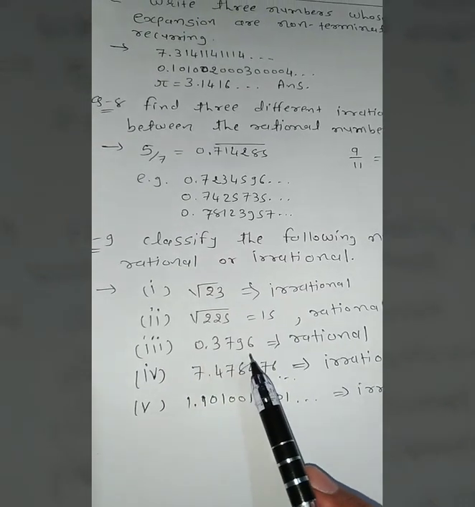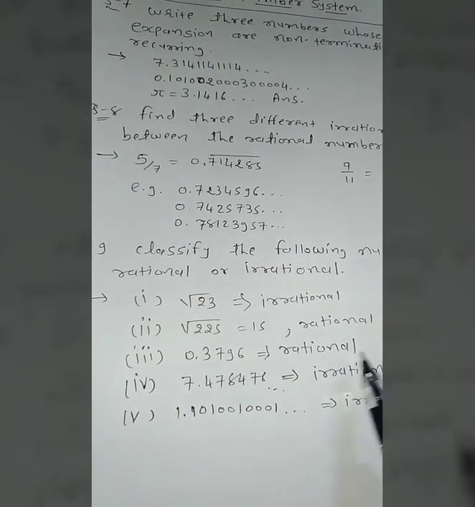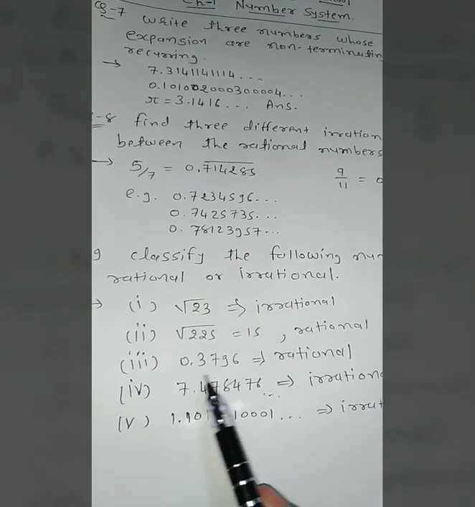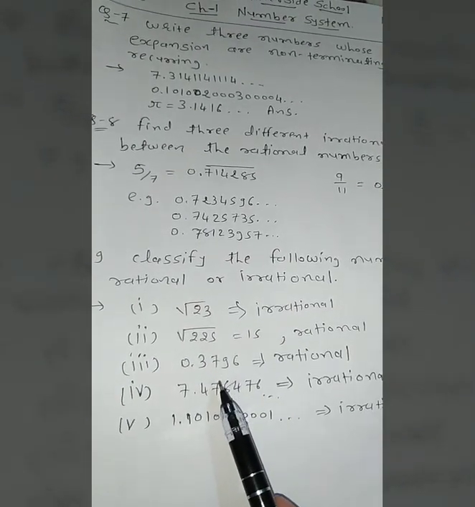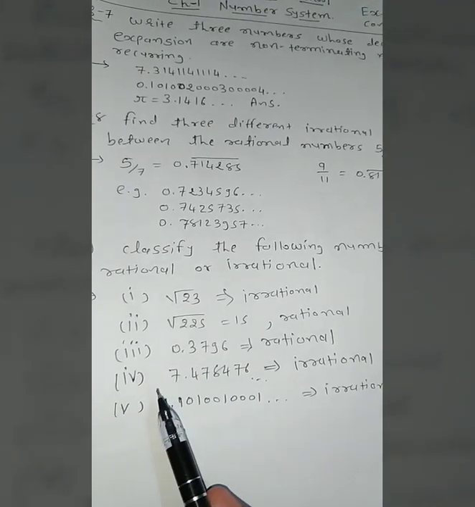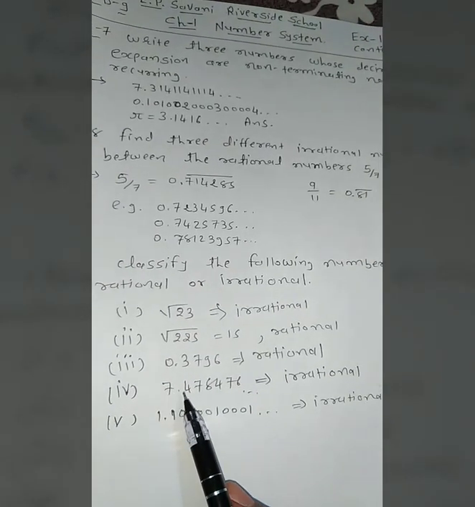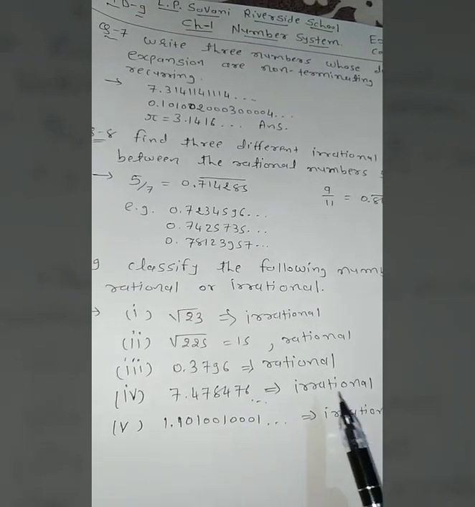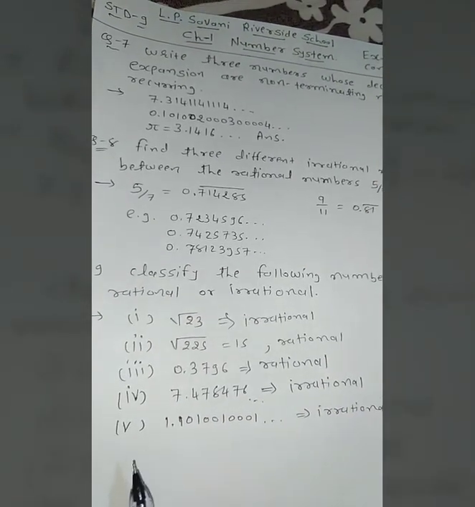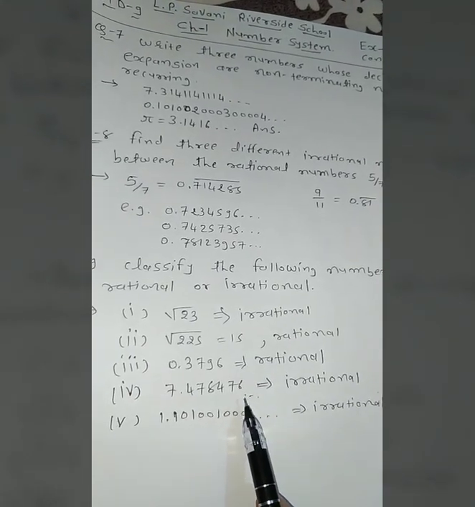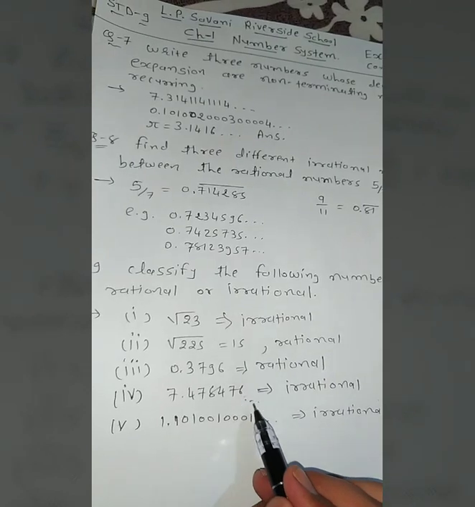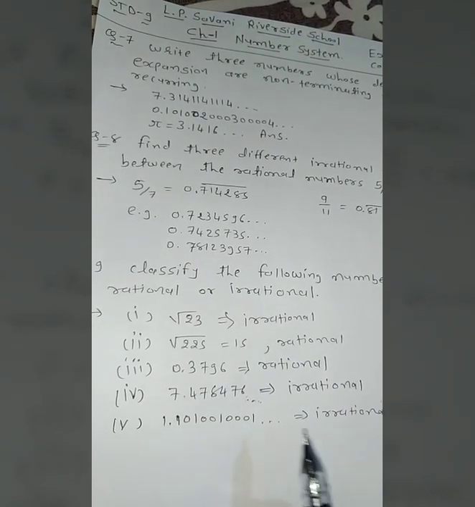Then 0.3796 is a rational number because 0.3796 has a numerator and denominator which are finite. In the next example, 7.478476... is an irrational number because it has unlimited, infinite decimal digits after the decimal point.